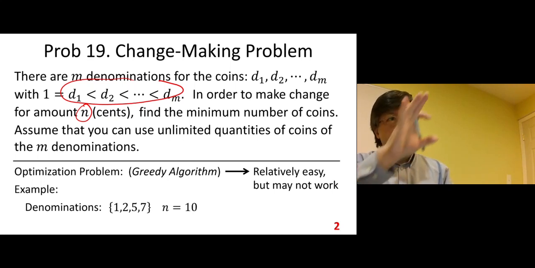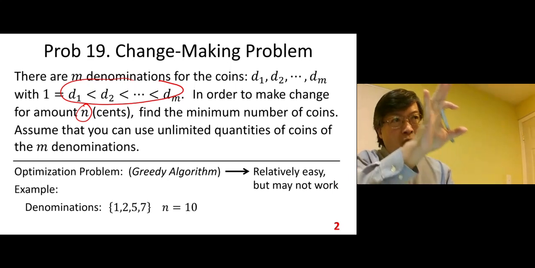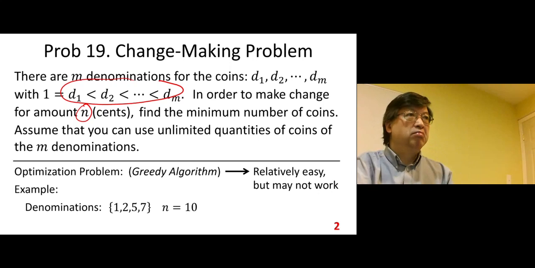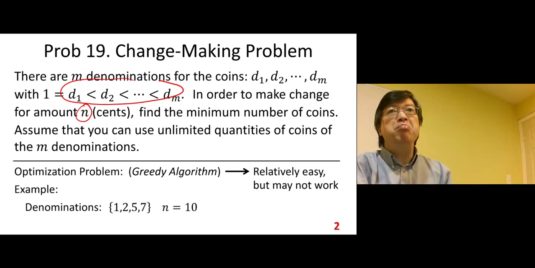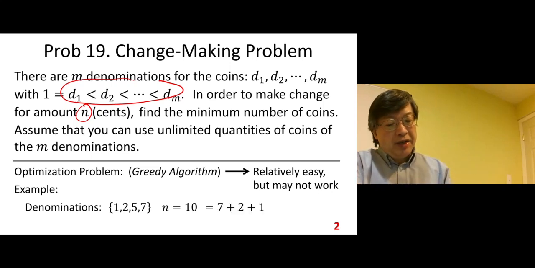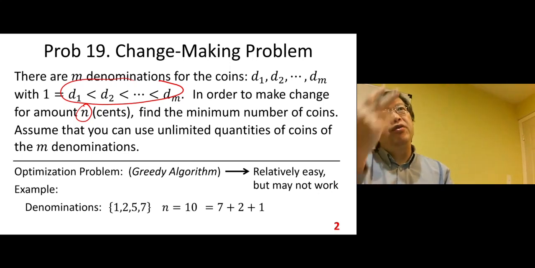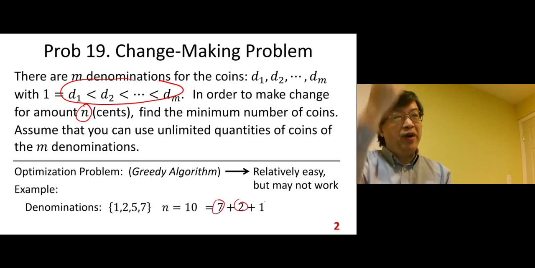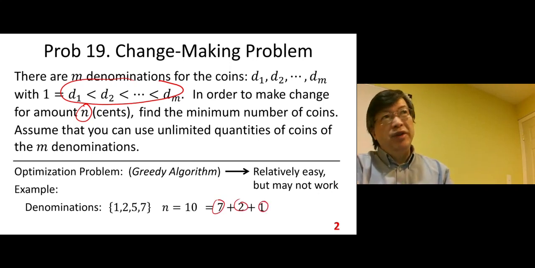How do we choose the coins to get 10 cents, with the minimum number of coins? We can try different ways. 7 plus 2 plus 1, that's one way. You need 3 coins.